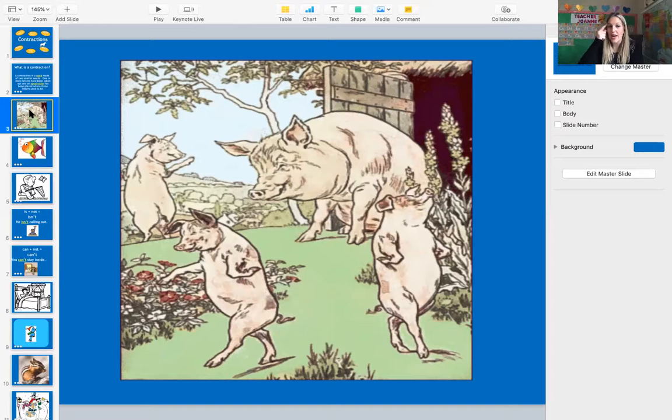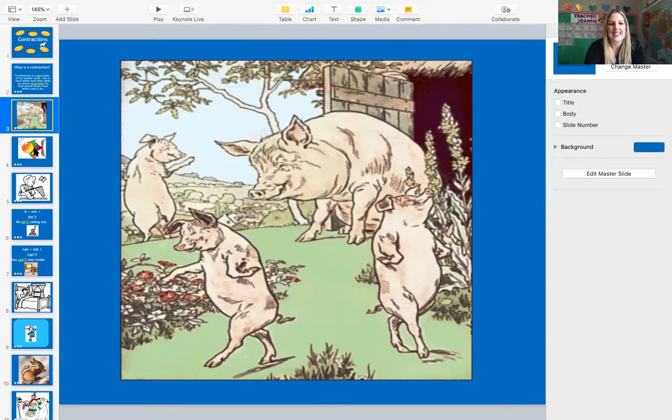Keep it in your head. And if you're with a mom, dad, somebody big, somebody small, go ahead and turn and tell them. See if you can give me one sentence using the contraction don't. They don't look sad. They don't seem hungry. They don't want to go back into the barn. Looks like they're having so much fun.